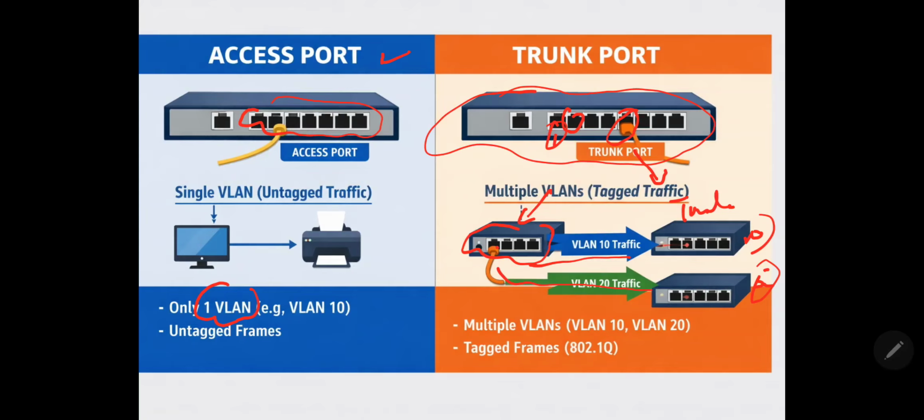Traffic is sent using VLAN tags, so the receiving switch knows which VLAN the data belongs to. An employee on floor 1 can access a server on floor 2 within the same VLAN, even though the traffic passes through one cable.